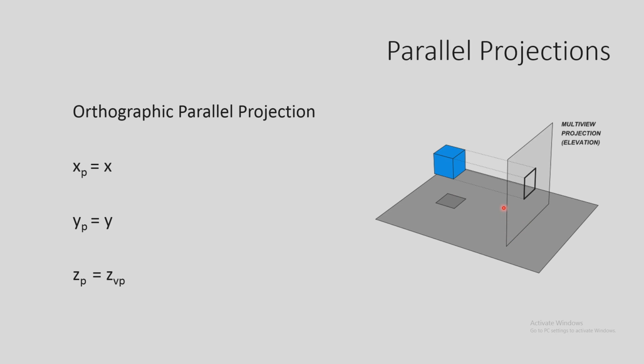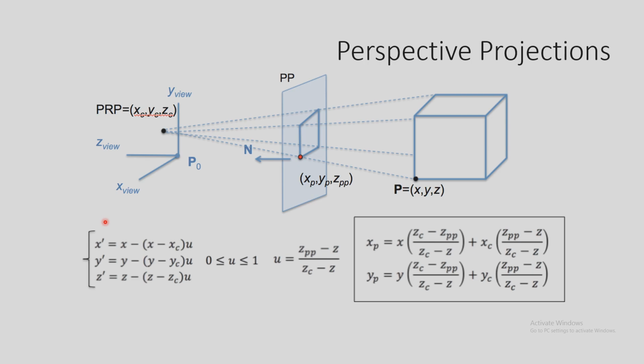Here also the same distance was moved in the x direction, and similarly in the y direction also. But in the case of the z direction, earlier z was here, now it has moved to this. So this becomes equal to the z coordinate of the view plane. The z coordinate of the view plane is the new value of the z coordinate, but x and y will be unchanged as they are.